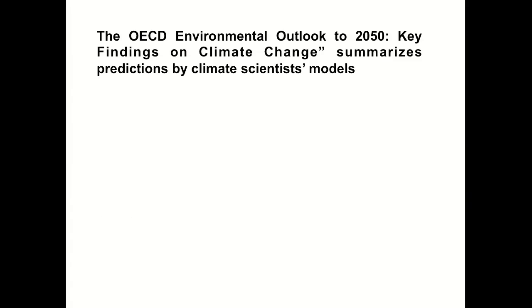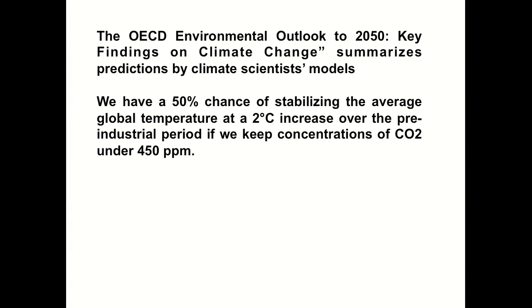So they produced one looking at what was going to happen up to about 2050, and they summarise the findings based on IPCC and other reports in terms of predictions of climate scientists and climate models. And they say we have a 50% chance of stabilising the average global temperature at 2 degrees centigrade, not great compared to the pre-industrial period, if we keep concentrations of CO2 under 450 parts per million.